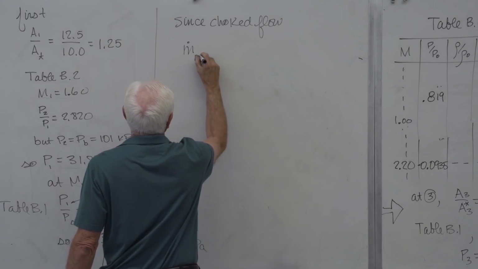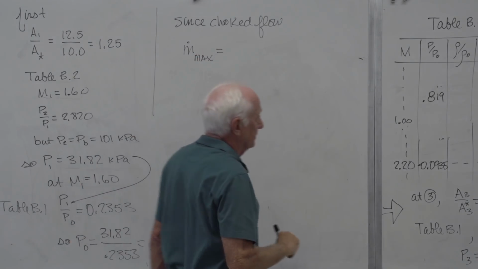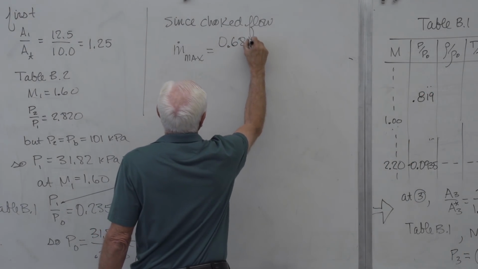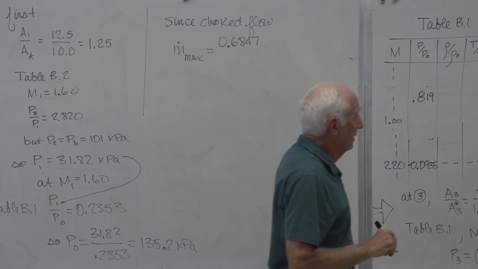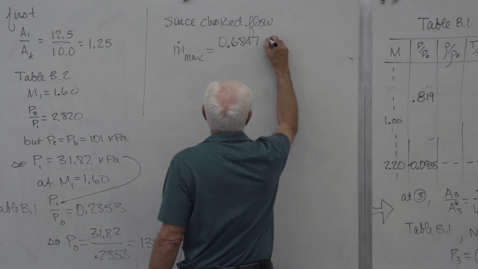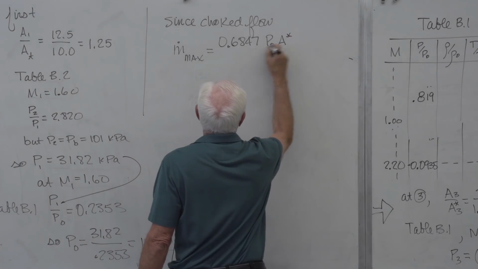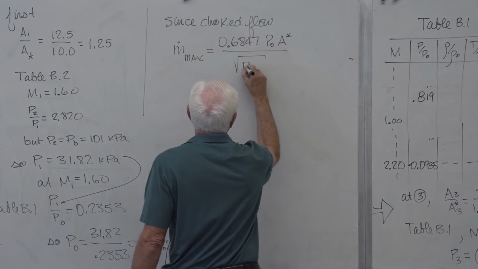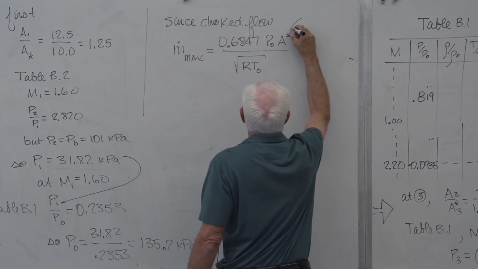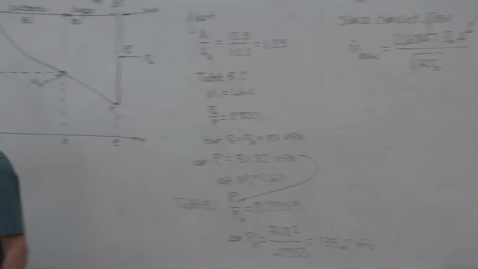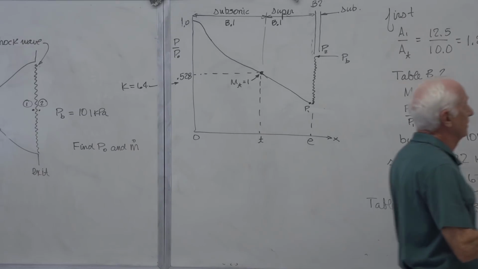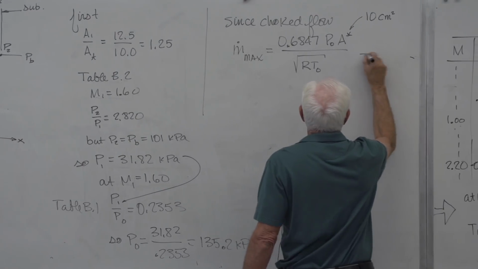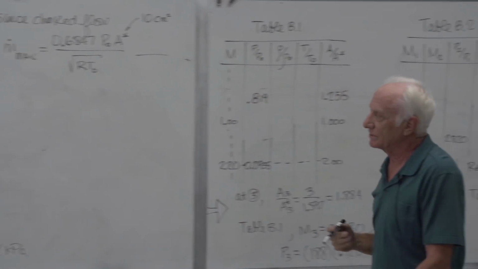M dot max is equal to 0.6847 times A star P naught divided by the square root of R T naught, and A star is the throat area, 10 square centimeters. I didn't calculate it, but it's pretty straightforward, obviously.